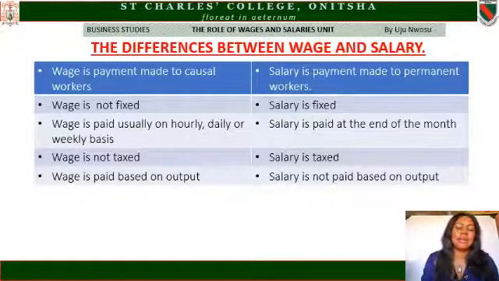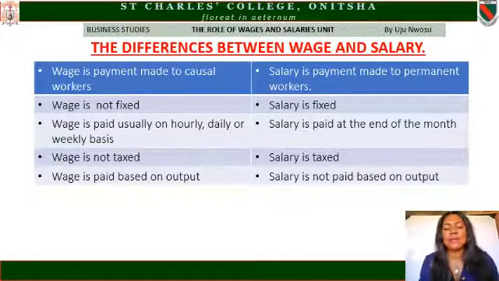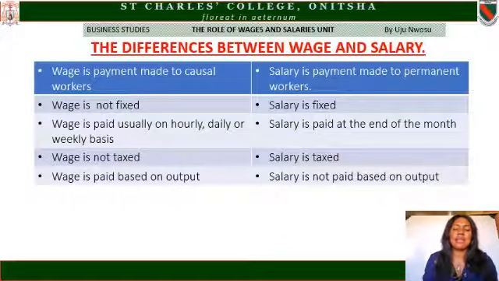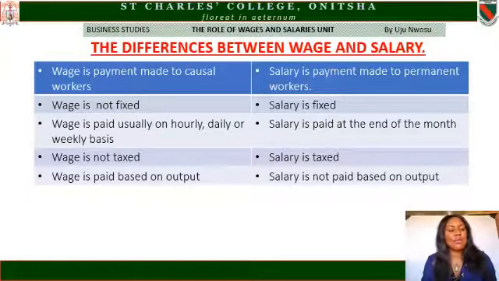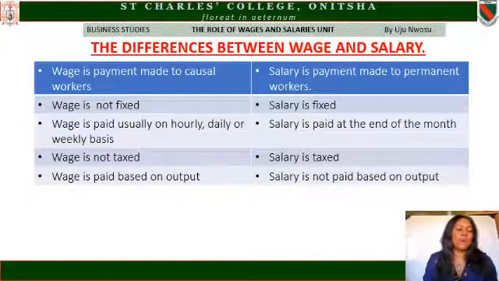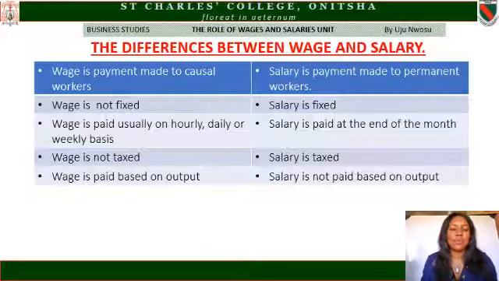Salary is taxed because before payment will be made to the workers, a certain amount of money will be deducted from their salary, where in terms of wage earners, it is not like that. Number 5, wage is paid based on output, where salary is not paid based on output.